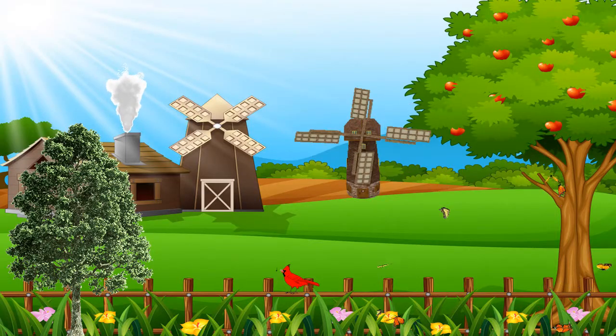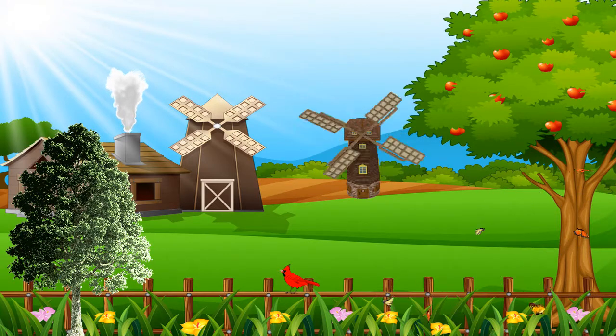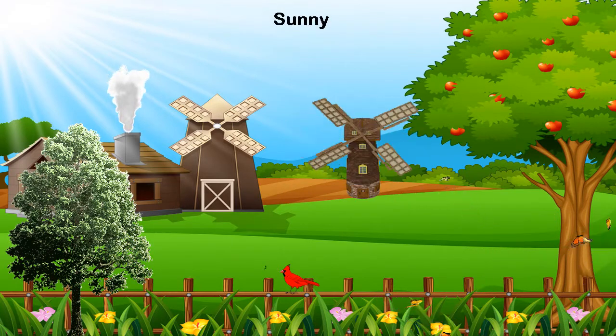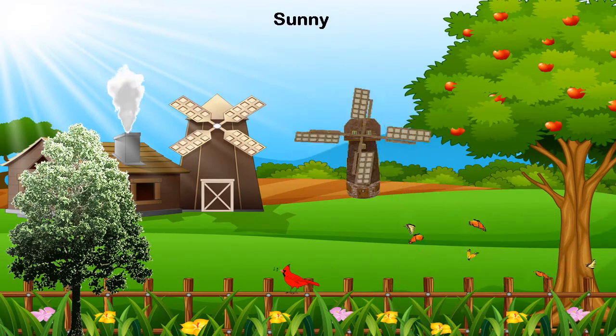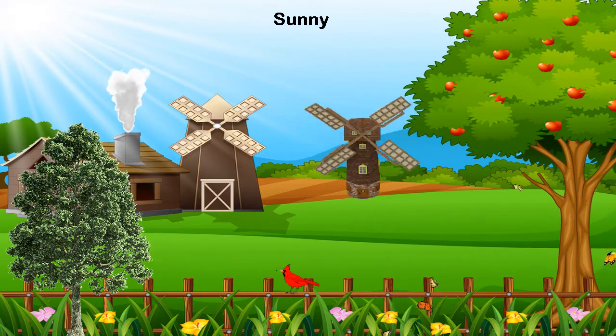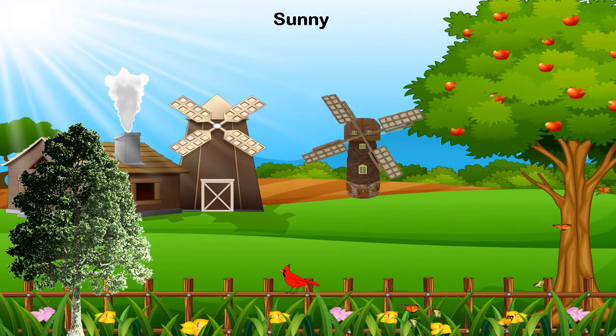And finally, let's talk about the fourth kind of weather, which is called sunny weather. In this weather, it is usually very hot, and that's why people try to find ways that will help them stay cool.